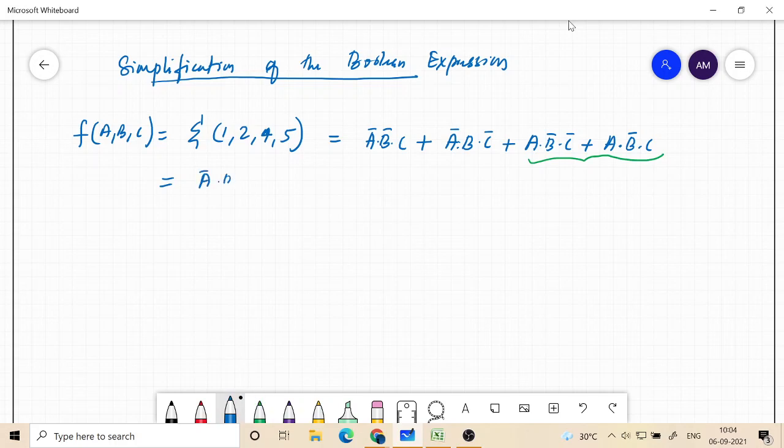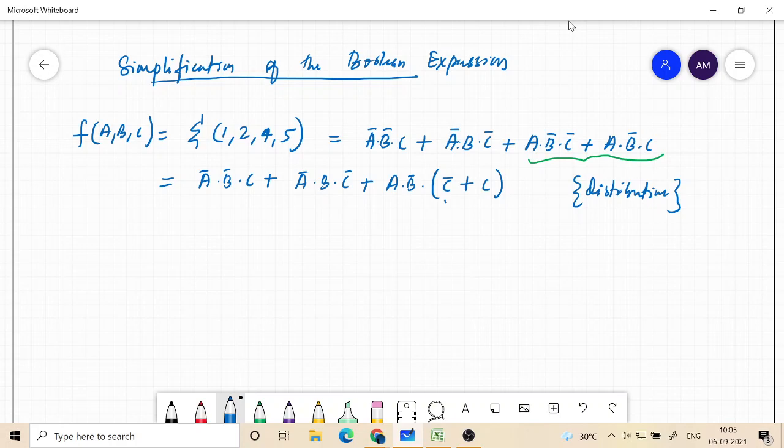A bar B bar C plus A bar B C bar. So here I am saying A bar B bar I can take common and dot it with C bar plus C. So this is the distributive property, right? So if I distribute it, I will get back the original.